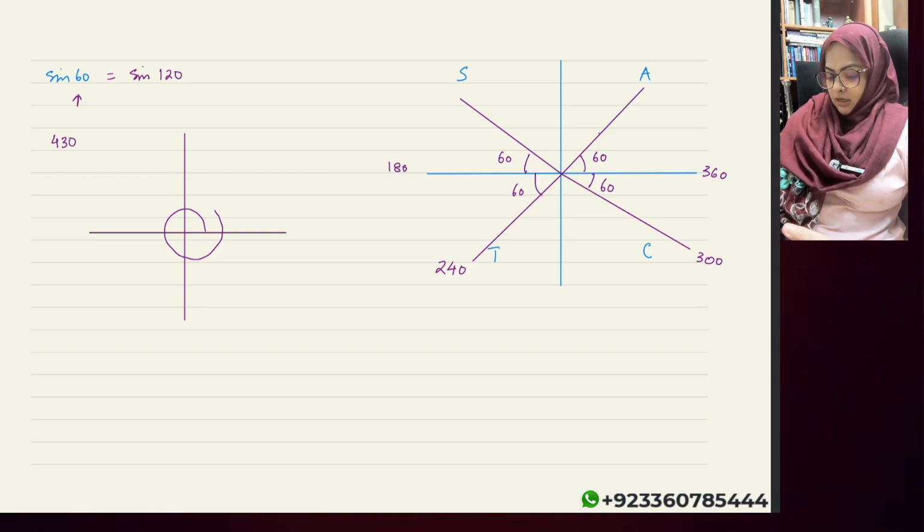For 360, what is 430 minus 360? It is 70. So our base angle is going to be 70 degrees. Base angle 70 degrees. It's made with the x-axis, right?